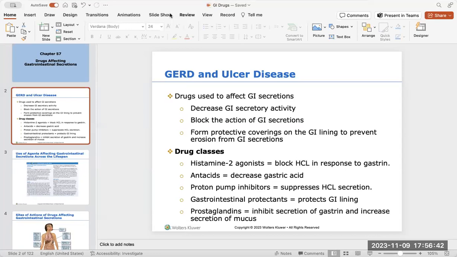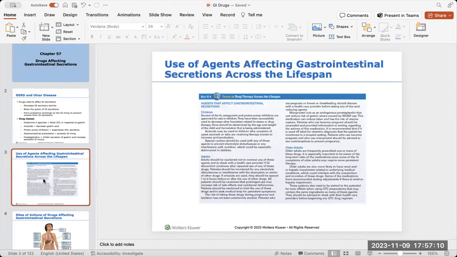We have proton pump inhibitors, which suppress hydrochloric acid. We have gastrointestinal protectants that protect that GI lining. And then we have prostaglandins, which inhibit secretion of gastrin or gastric acid and increase the secretion of mucus, which helps reduce or alleviate some of those symptoms. Okay. So those are the drug classes of most importance.